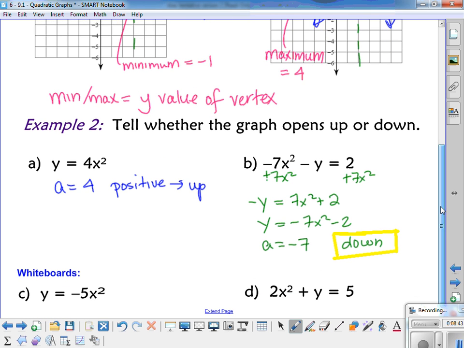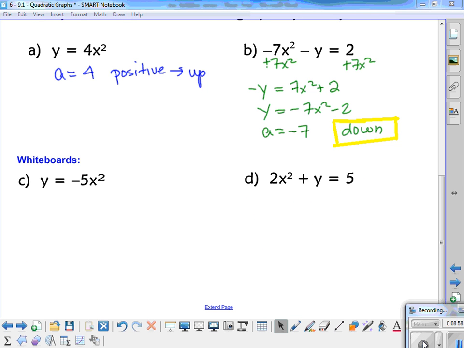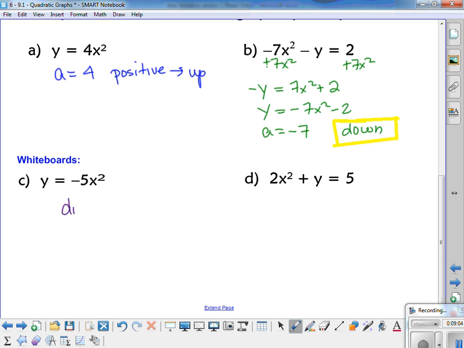All right, so on your whiteboards, I'll let you guys do those too. Tell me if they're going up or down. Okay, so the first one was pretty obvious, right? What do you guys think? Up or down? Down, yeah.